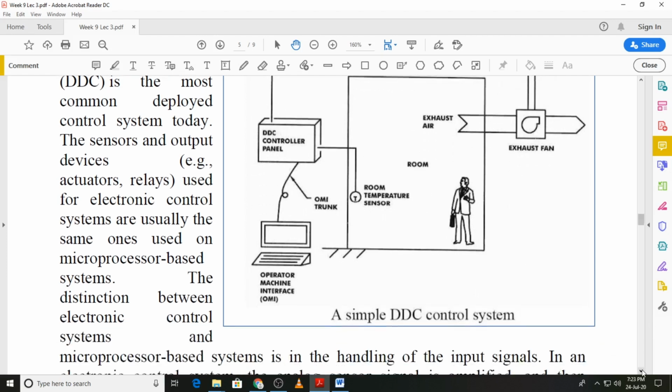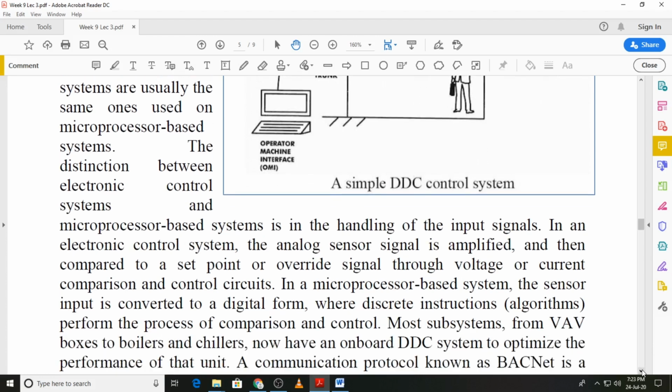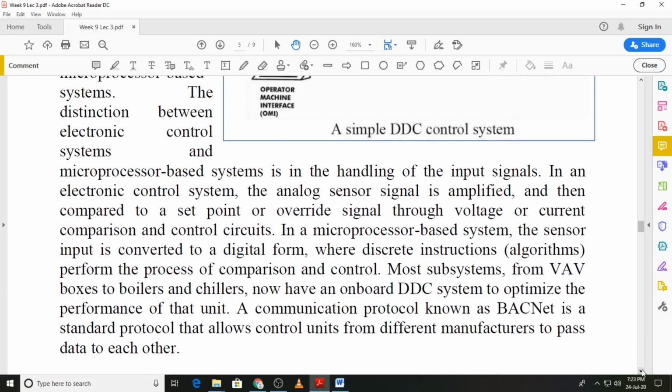The principal difference between the DDC system and an electronic system is in the handling of the input signals. In electronic control systems, the analog sensor signal is amplified and then compared with the set point, and then we operate the desired component.